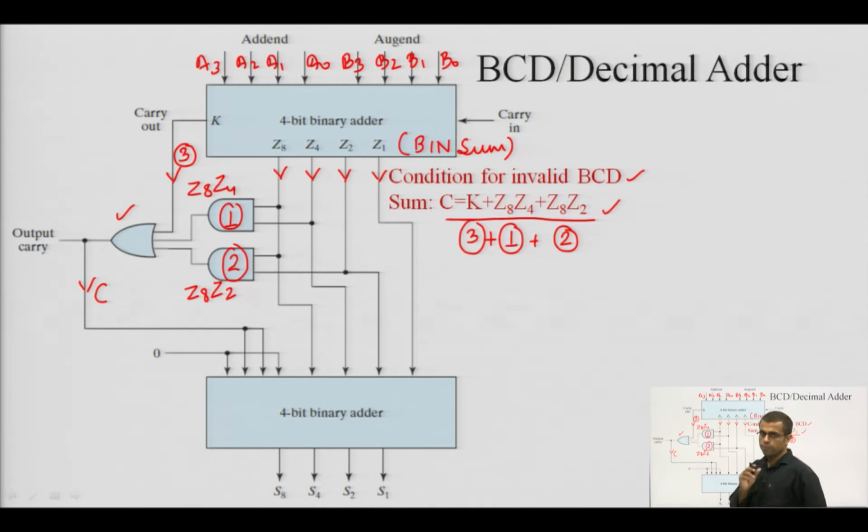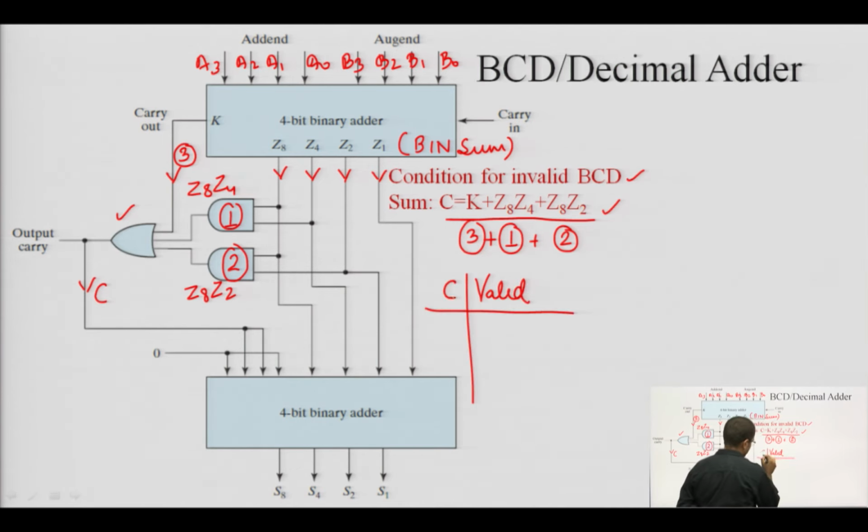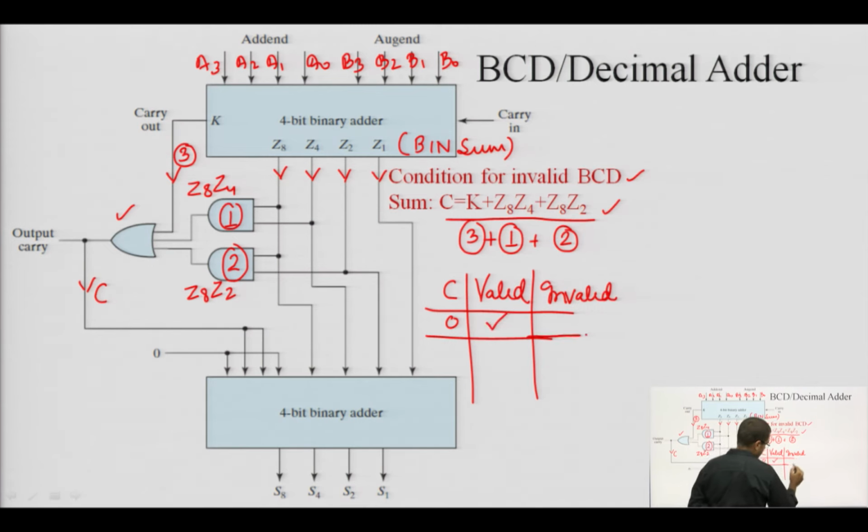For this we are preparing another table-like structure. If C is equal to 0, then I can say the sum is valid, and if C is equal to 1, I can say the sum is invalid.